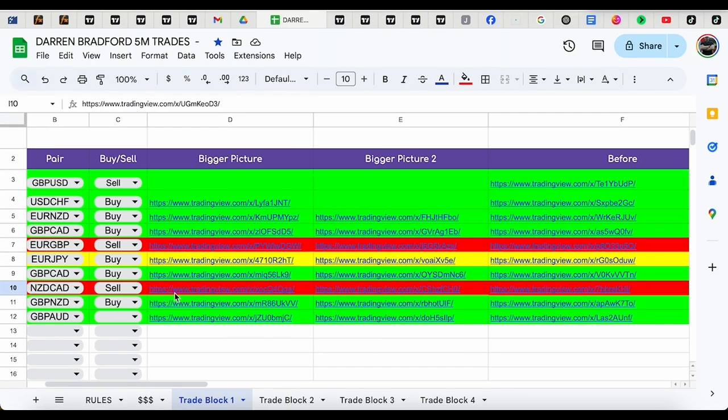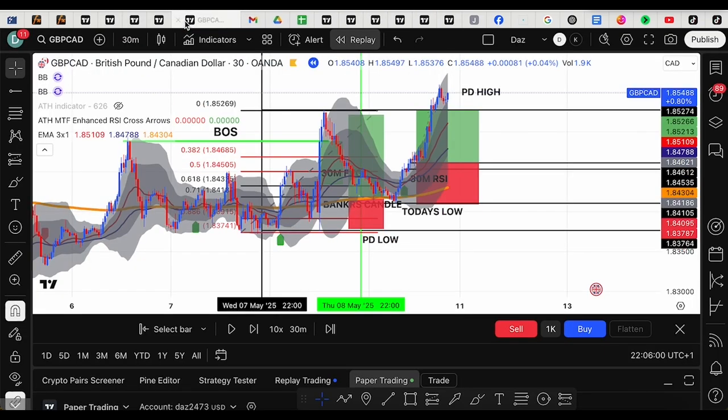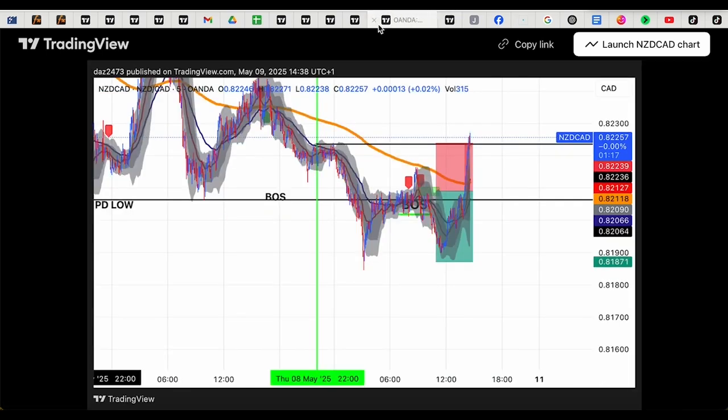Before this, let's have a look. It was trending down. Okay, so it broke structure, fine, but it pulled back.